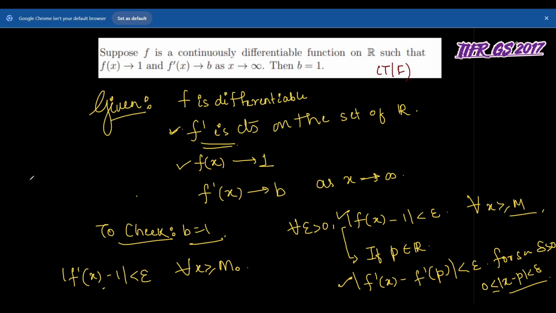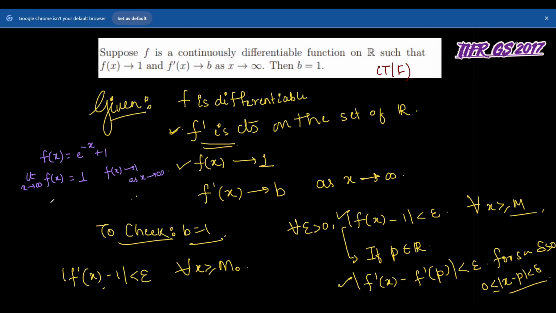Here a very basic counter example which comes to mind is f of x equals e power minus x plus 1. Now, the limit as x tends to infinity of f of x is equal to 1. That is, f of x converges to 1 as x tends to infinity.